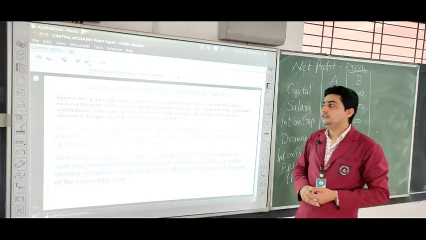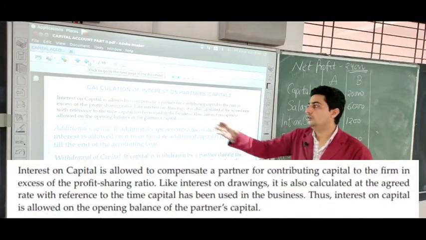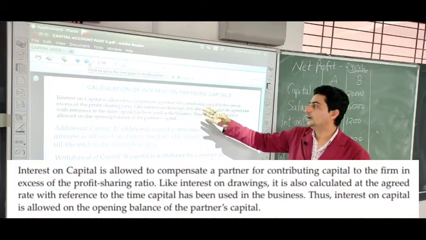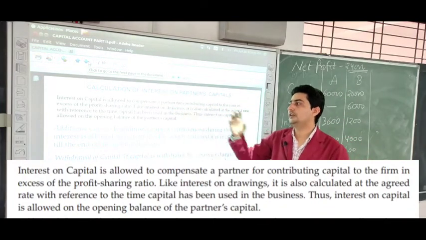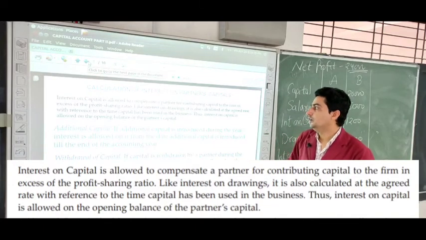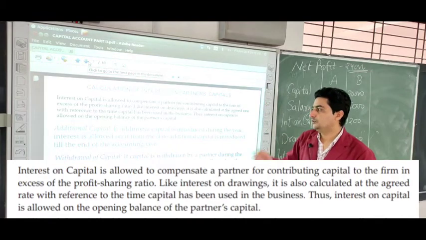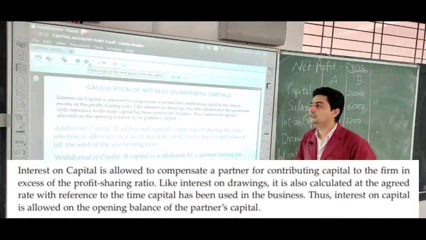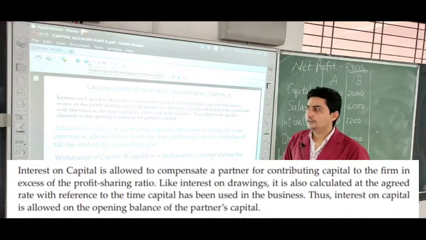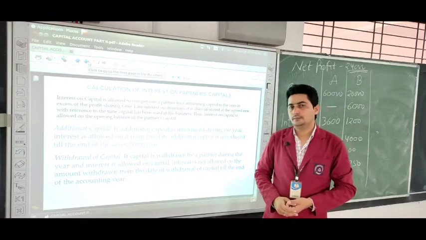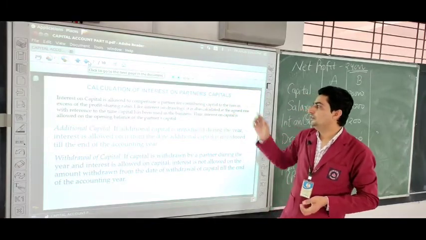Now, what is interest on capital? Interest on capital is allowed to compensate a partner for contributing capital to the firm in excess of the profit sharing ratio, like interest on drawing. It is also calculated at the agreed rate with reference to the time the capital has been used in the business. Thus, interest on capital is allowed on the opening balance of the partner's capital. So, interest on capital is a compensation to the partner for contributing capital in the firm.